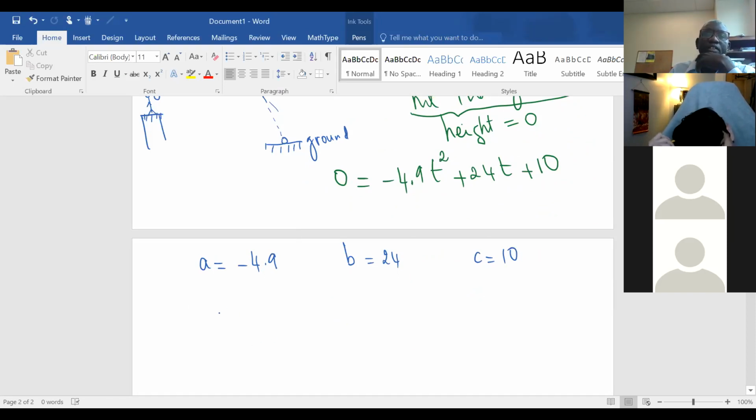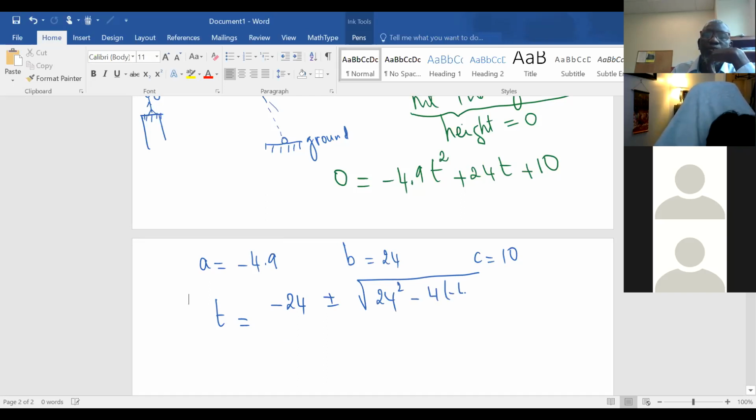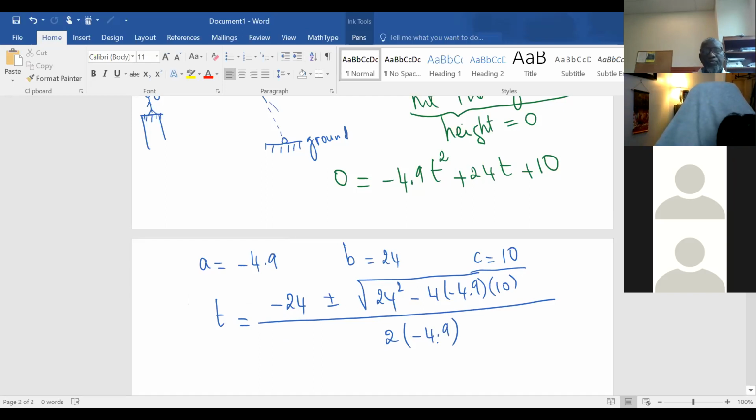So t is equal to negative B, which is negative 24, plus or minus the square root of B squared, which is 24 squared, minus 4 times negative 4.9 times 10, all over 2 times negative 4.9. All right, and then I do the math. I have to get my calculator out.